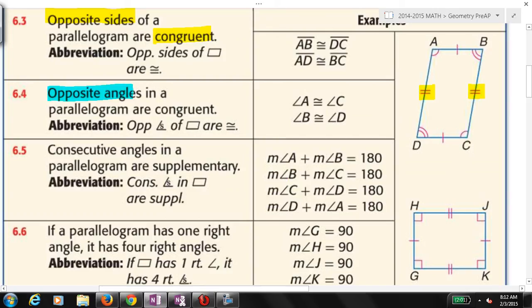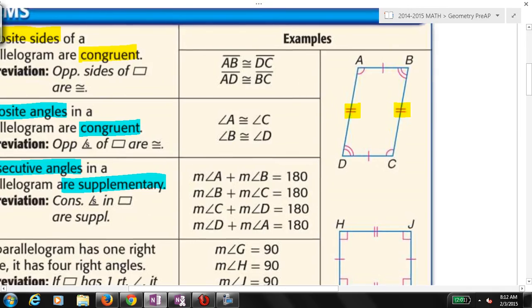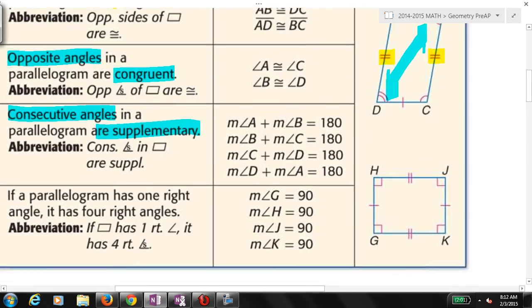If you look at this one now, it says opposite angles are congruent and consecutive angles are supplementary. And that's basically this picture right here. If you notice how the opposite angles here, this one and the one across it, those angles right there are opposite and they're congruent. The same thing for the other two. Okay. The one that we're going to prove right now is why is it that consecutive angles are supplementary?